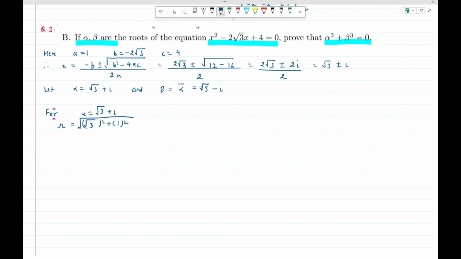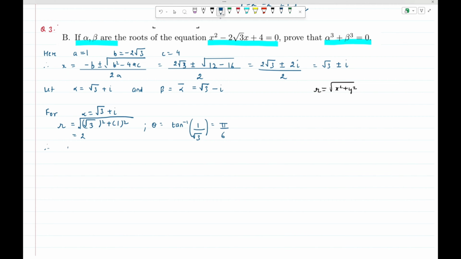That comes from the formula r is equal to square root of x square plus y square. So that turns out to be 2. We'll also need theta. Theta is evaluated as tan inverse of y by x. So that's going to be 30 degrees or pi by 6.